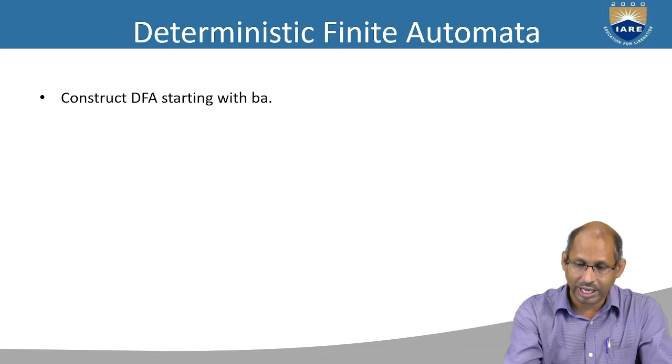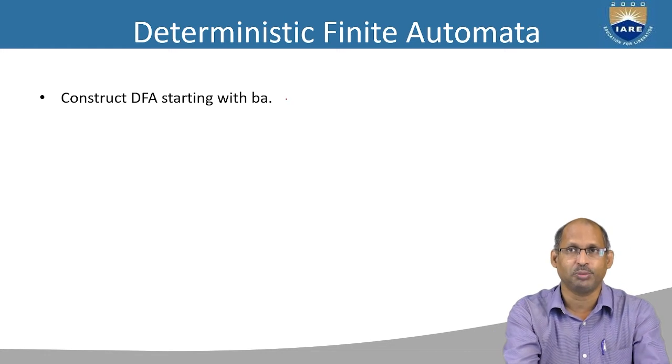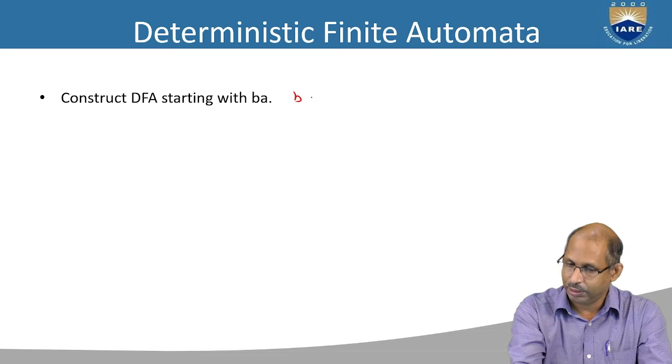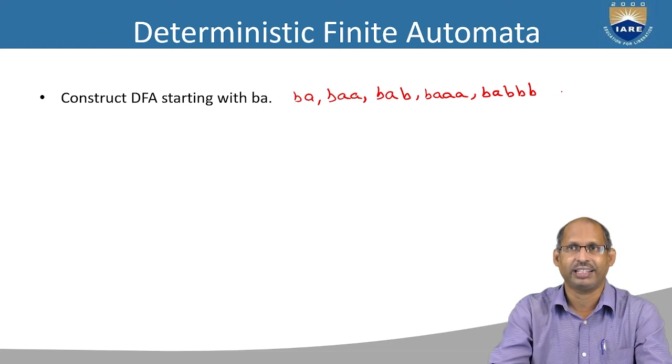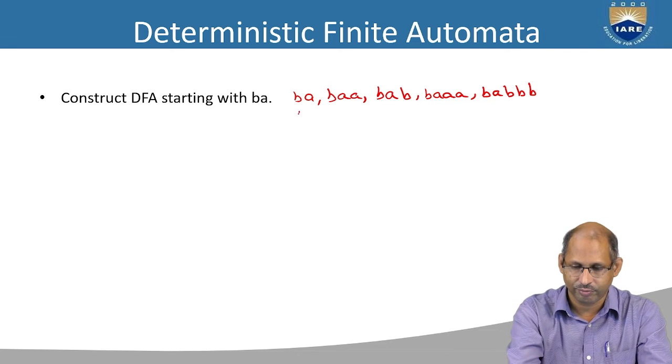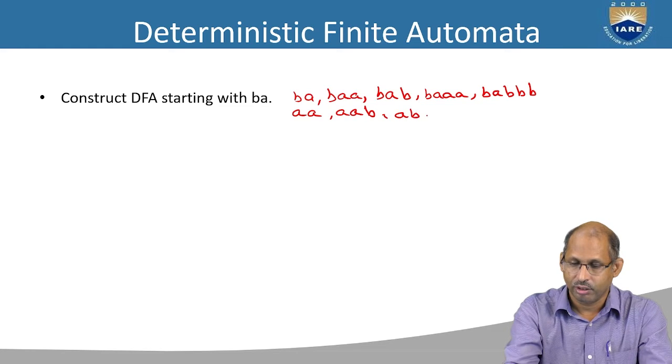Which are the acceptable strings? BA is accepted, BA followed by some number of A's is accepted, and BA followed by some number of B's is also accepted. Which are not accepted? AA, AAB, AB are not accepted.